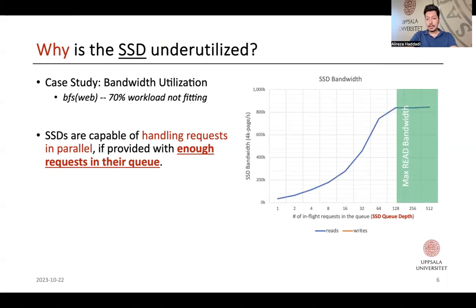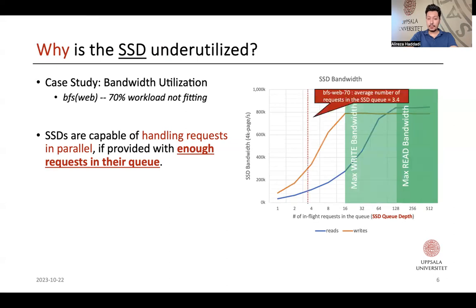Our SSD can maximize its read bandwidth if it is provided with more than 128 page requests in its queue, or it can maximize its write bandwidth if it is provided with more than 16 requests in its queue. However, let's see where our case study is in this graph.